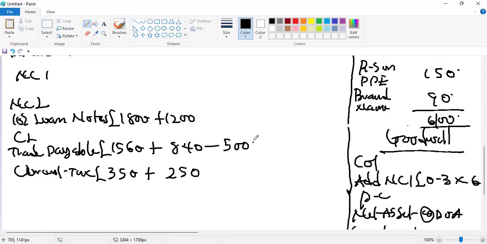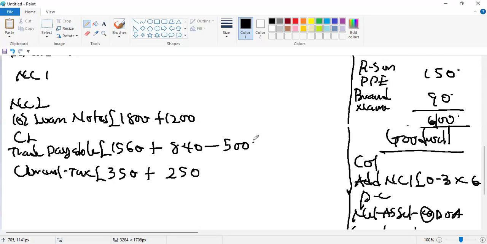Ignore all deferred tax consequences on the acquisition and the fair value measurement of Lowland. Lowland Limited has not issued any ordinary shares since the date of acquisition. Requirement: determine the equity accounting value of the investment in Lowland. That is the first one.